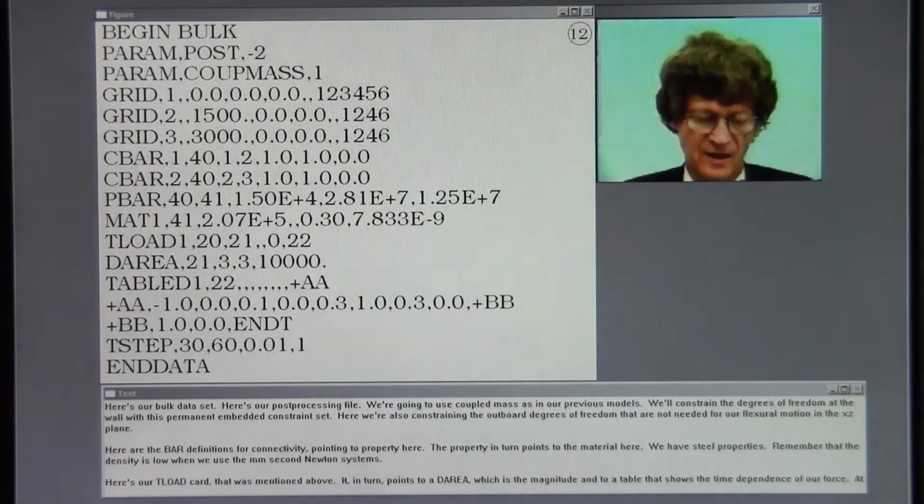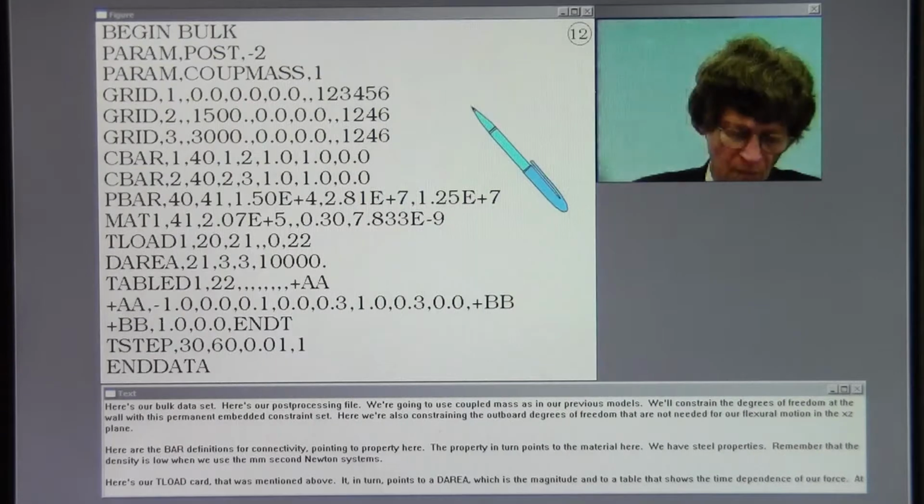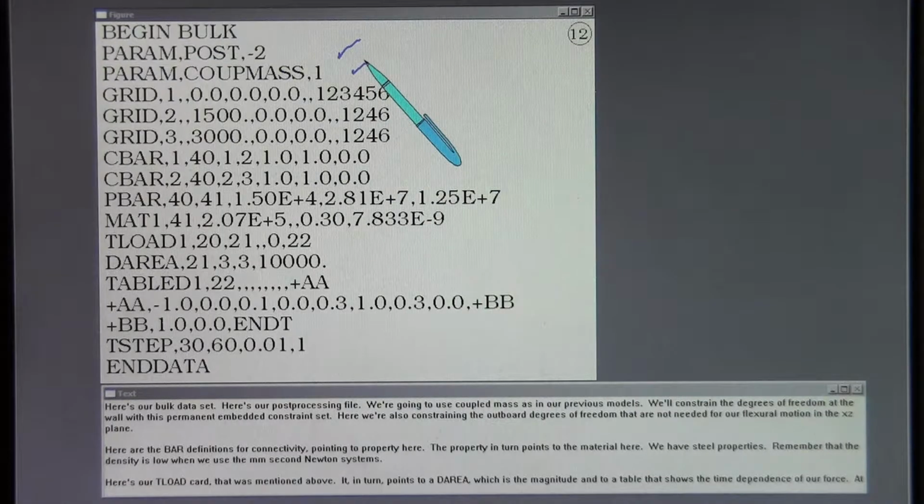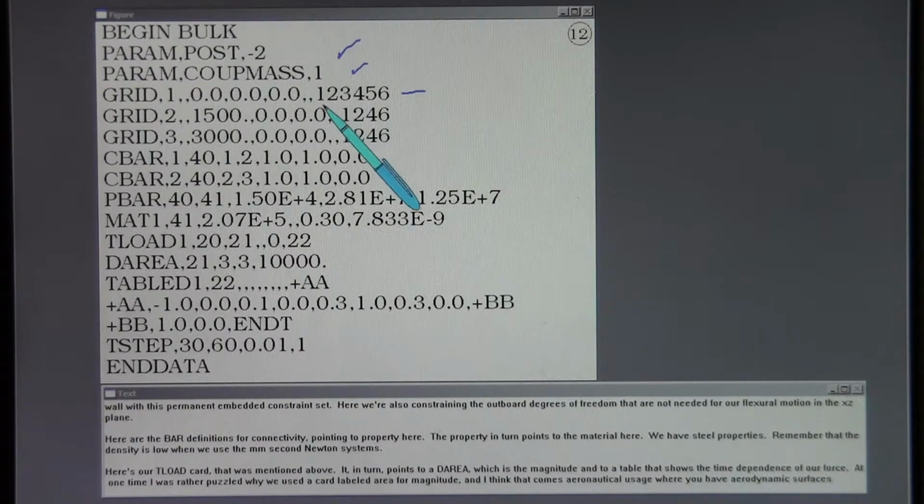Here's our bulk data set. Here's our post-processing file. We're going to use coupled mass. As in our previous models, we'll constrain the degrees of freedom at the wall with this permanent single point constraint set. Here we're also constraining the outboard degrees of freedom that are not needed for our flexural motion in the XZ plane.